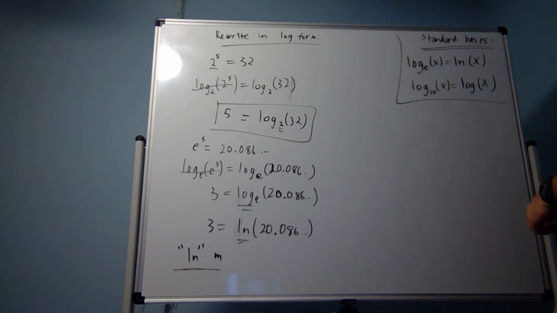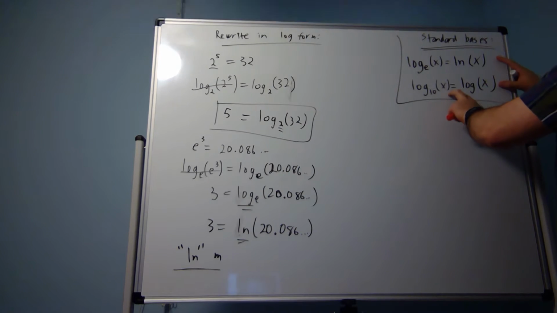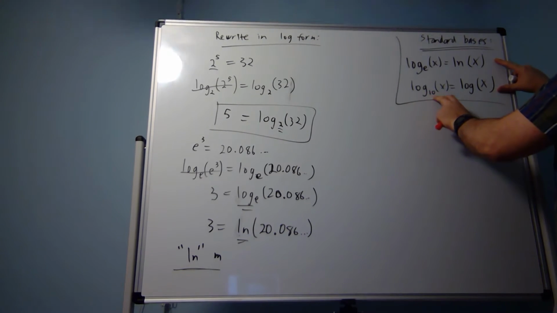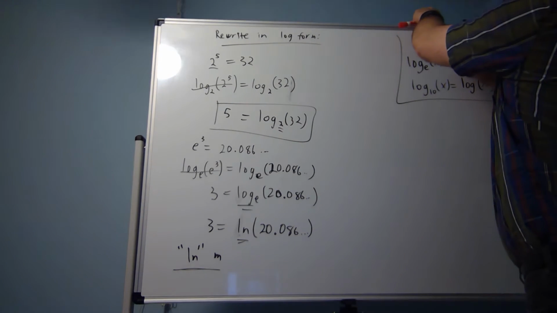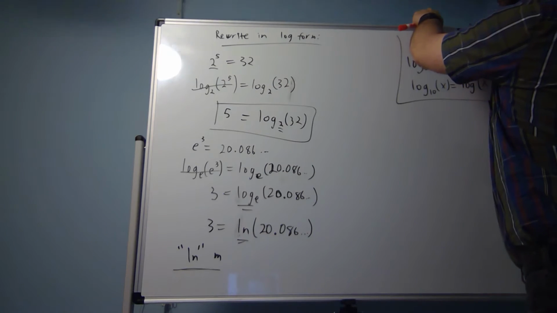But it's pretty common that you'll see this. So log base 10 is usually just called plain old log. Log base e is just called natural log, or log natural.